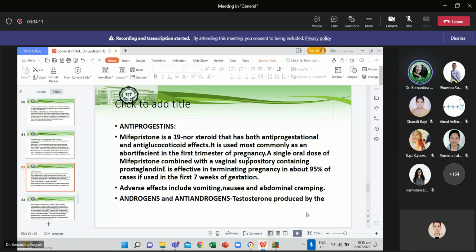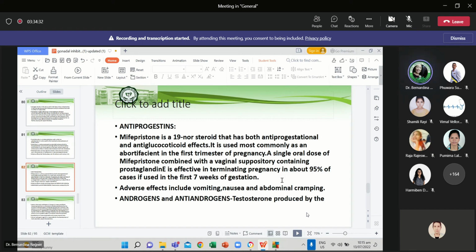A single oral dose of mifepristone combined with a vaginal suppository containing prostaglandin E is very effective in terminating pregnancy in about 95% of cases if used in the first 7 weeks of gestation.